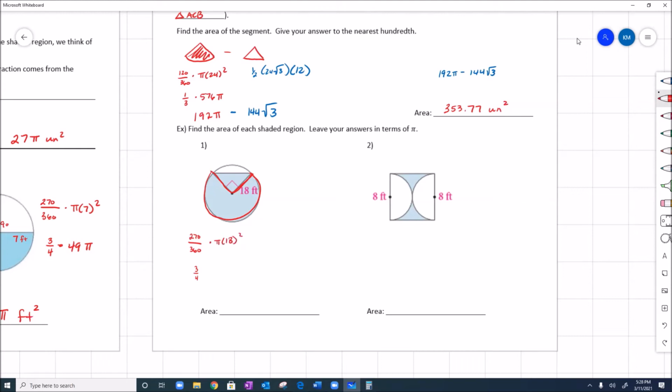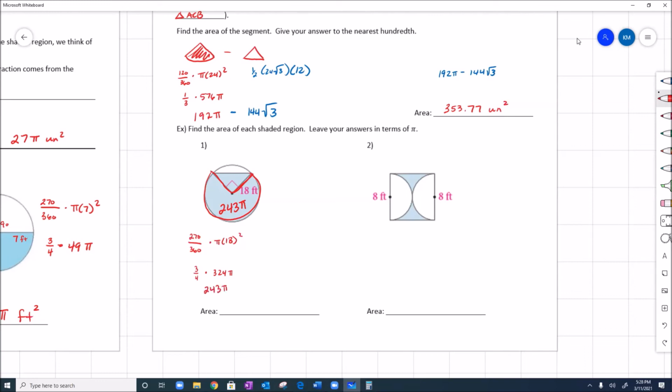Our radius is given to us as 18, so 18 squared is 324. 3/4 of 324, 324 times 3 divided by 4 gives us 243. So this whole part is 243 pi.